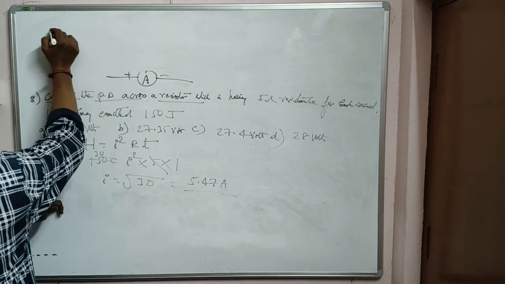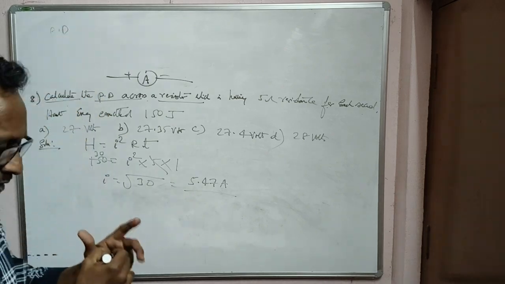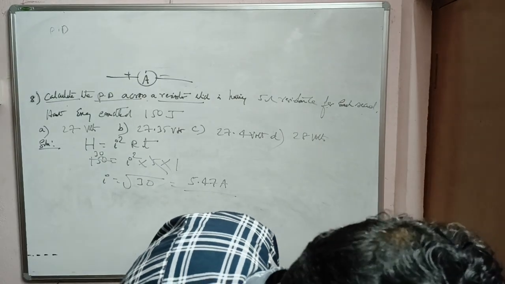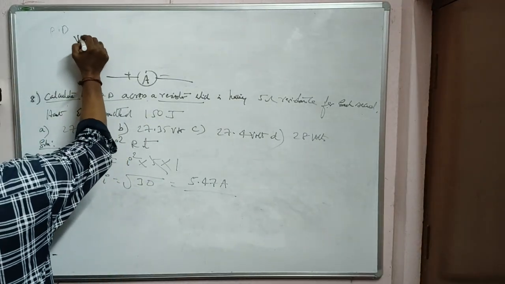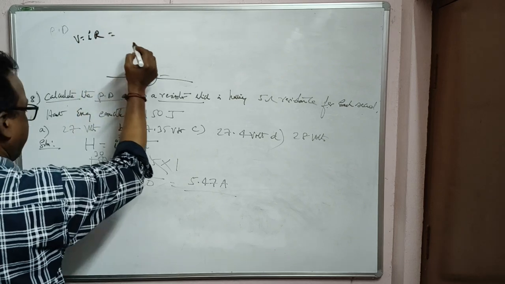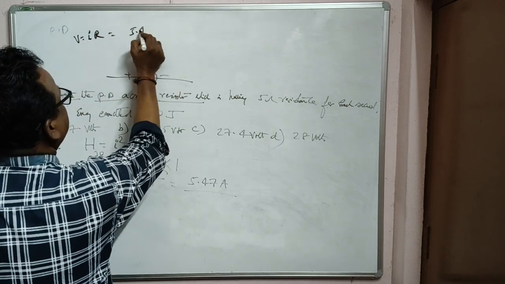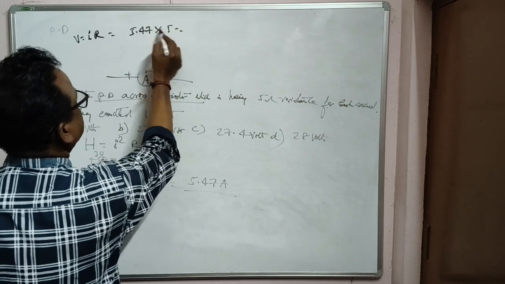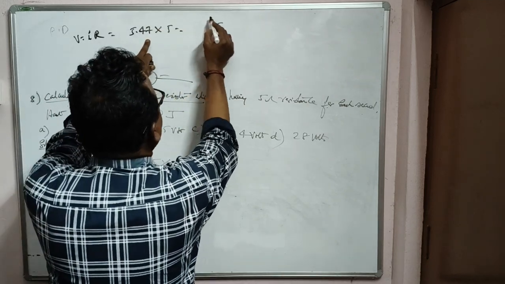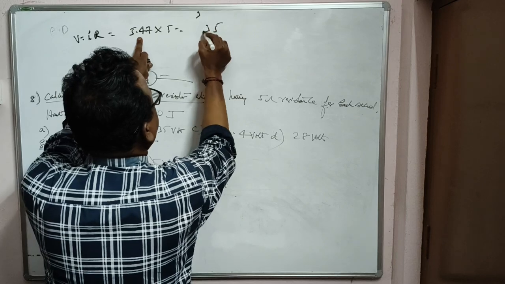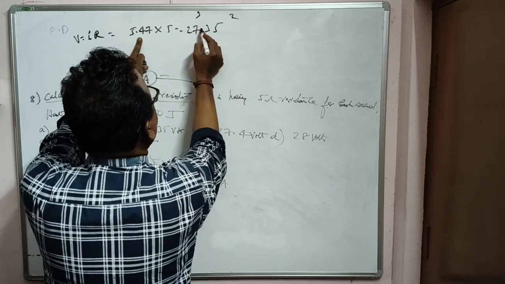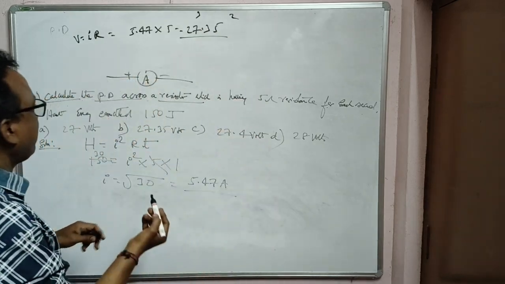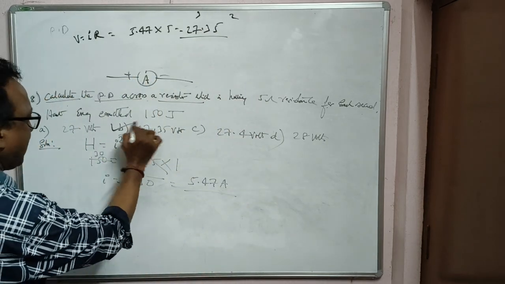Now he is asking you the potential difference, PD. So what is potential difference? Apply your Ohm's law. V is equal to IR. So I is 5.47 into resistance 5 ohms already given. That gives 27.35, yes, B is the answer.